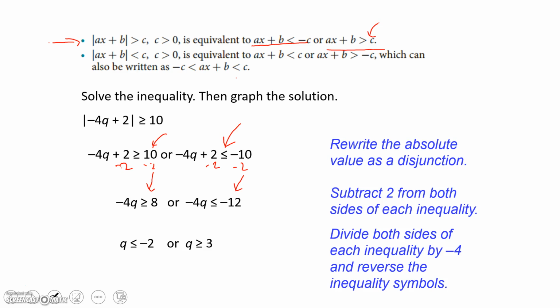And remember what happens when we divide both sides of an inequality by a negative. We have to reverse our symbols. So in this case, the 8 divided by the negative 4 here gives us a negative 2, and our inequality symbol gets reversed. And over here, when we divide out by that negative 4, our inequality gets reversed. It goes now to greater than or equal. And then a negative 12 divided by negative 4, there's our positive 3.